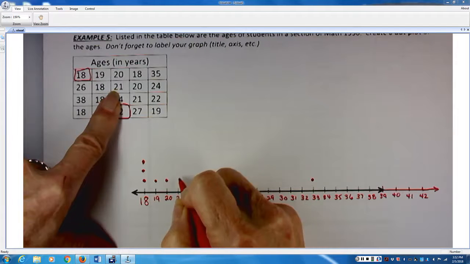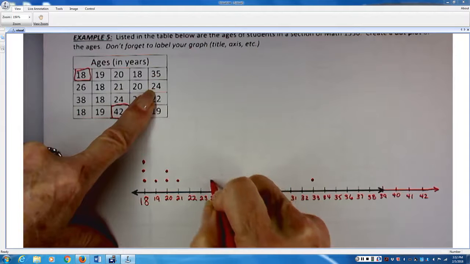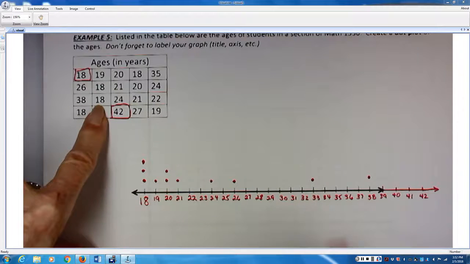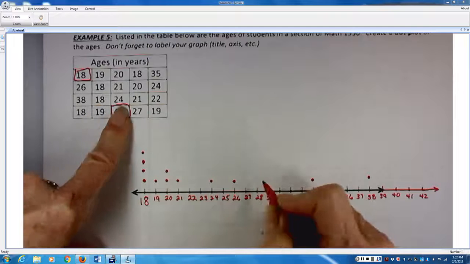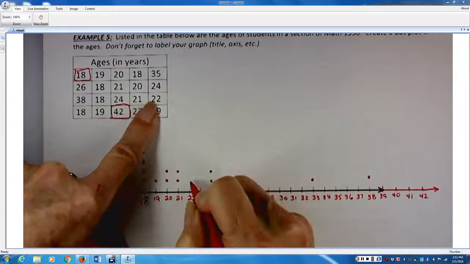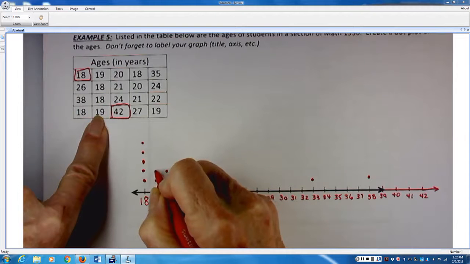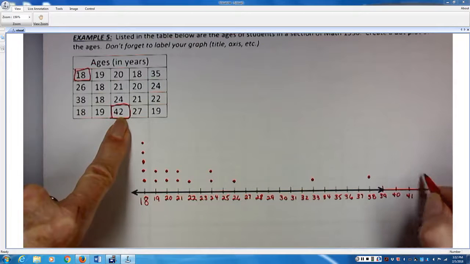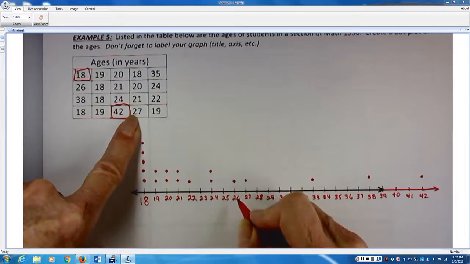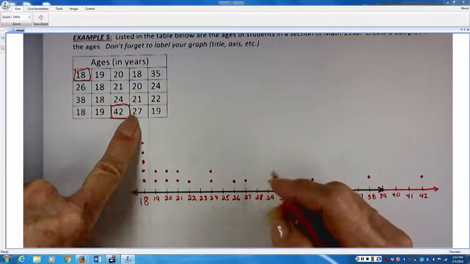Then 21, 20, 24, 38, 18, 24, 21, 22, 18, 19, 42, 27, 26, and 19.